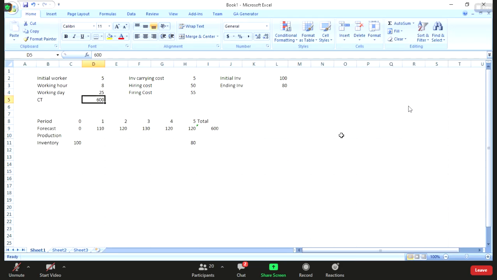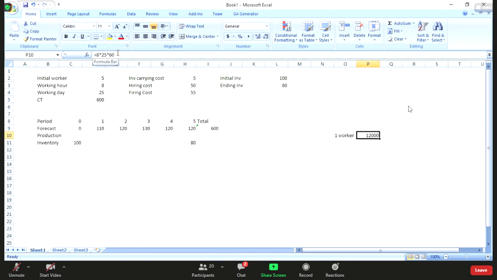So first we calculate how many hours one worker works: 8 hours per day for 25 days per month, and when we convert it to minutes, we multiply with 60, because the cycle time is in minutes.